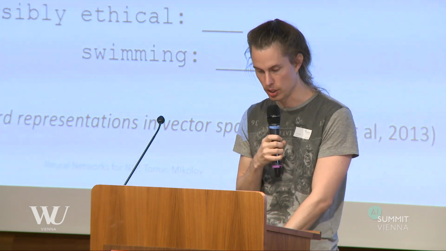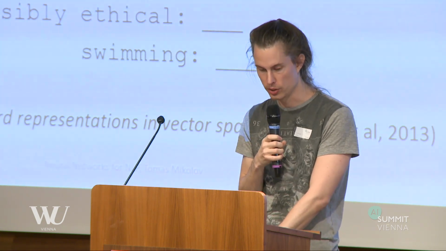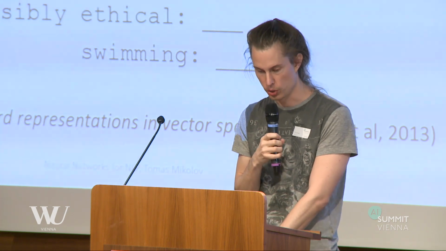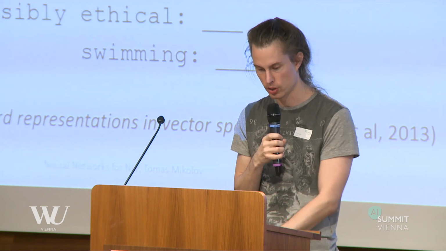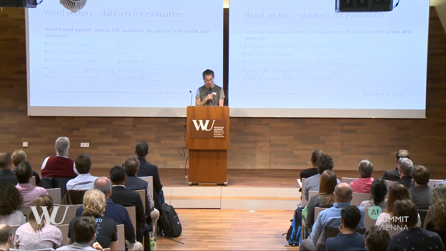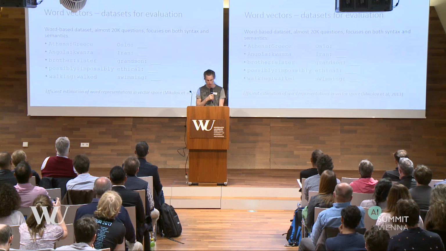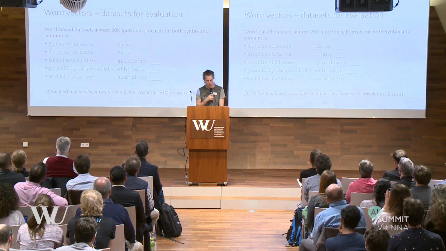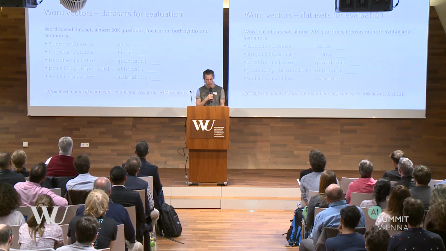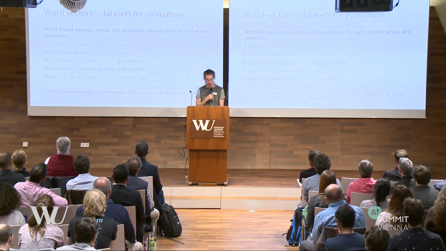Of course, it's just nice for illustration. We wanted to actually get some numbers, like how accurate the models are. So we put together this data set with around 20,000 of these analogy questions that are divided into several categories. Here are just a few examples. It's actually not completely easy. For example, people have to figure out what the currency is that is used in Iran, which I think is not that easy an example even for people.